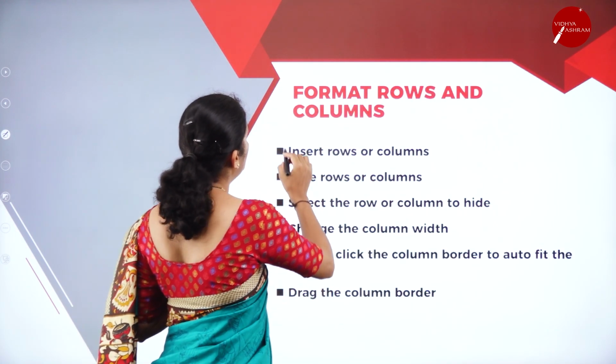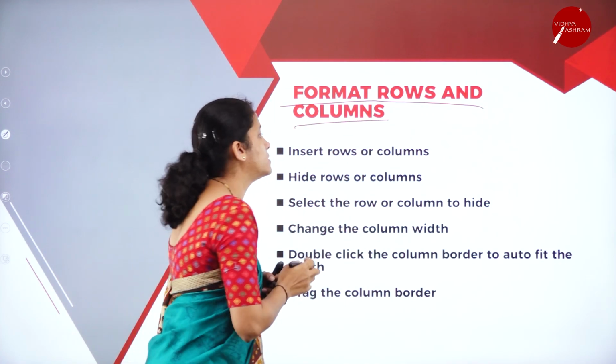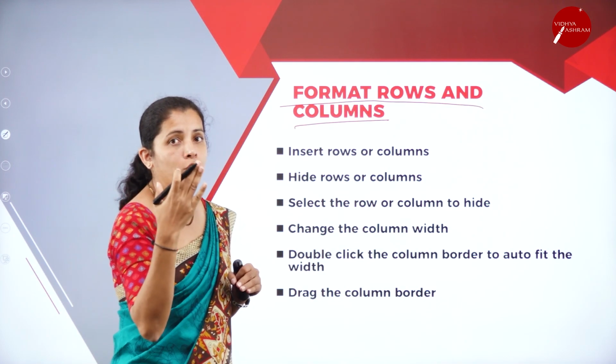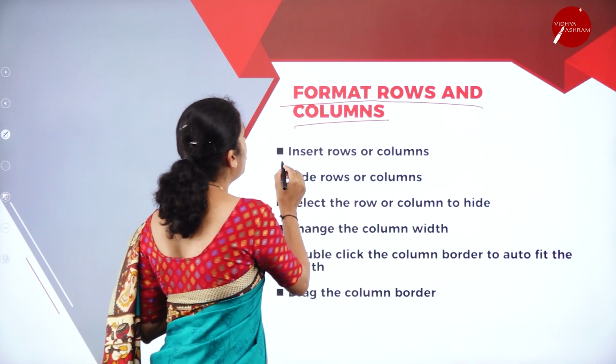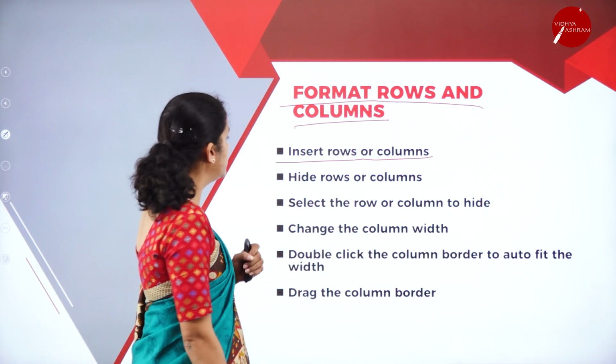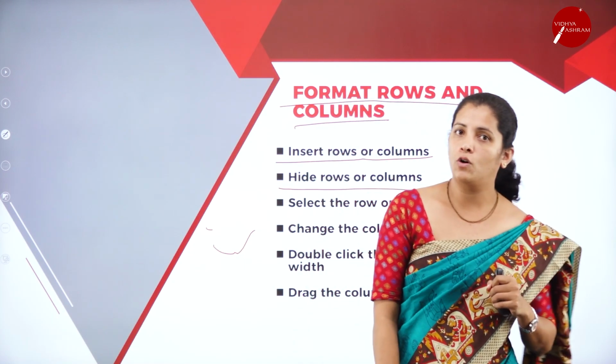Moving further, I'm going to have format rows and columns. That means, suppose I want to format my rows and columns, I'm going to have the option insert row and columns. Then I can hide the rows and columns.